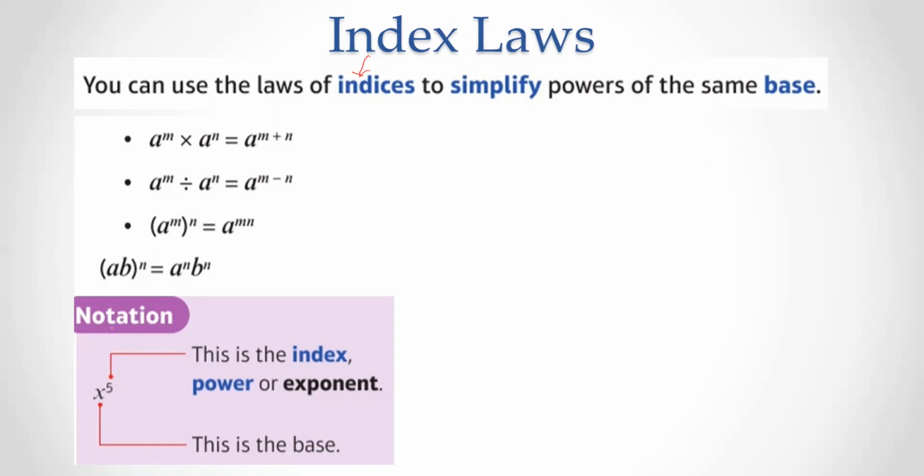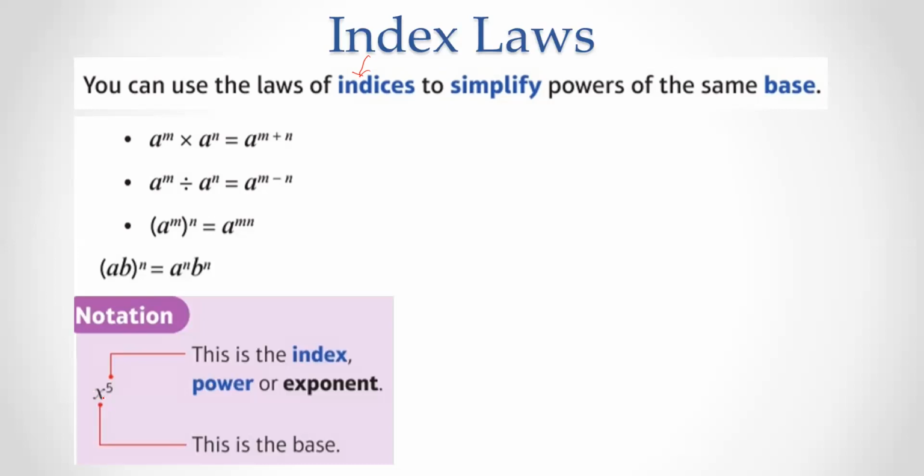There are two parts of one algebraic expression or one term: the base and the exponent. The base could be a number or it could be a letter, as in algebra we deal with letters also.